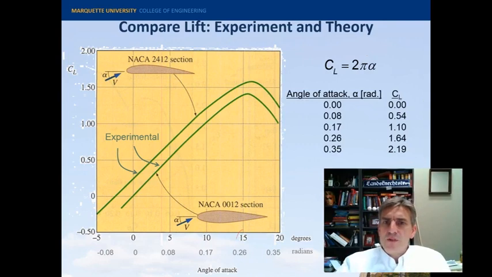So if you plug in 0 radians, of course, you'll get a CL of 0, but if you do the calculations over this range, this is what you get in radians over this range of degrees, I should say. And this is the lift. So let's see, at 0.08, you're getting the lift of about 0.54. So that's pretty darn close, right?